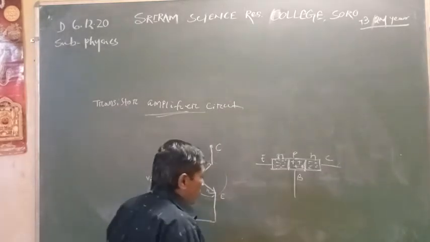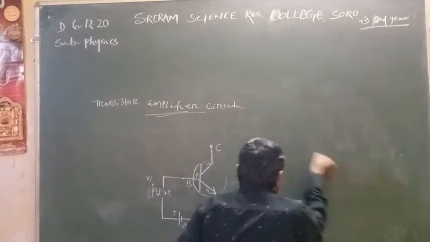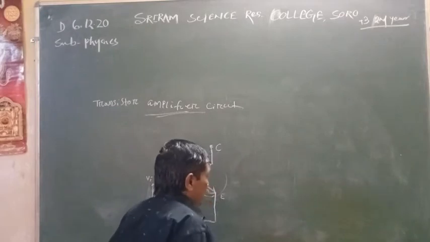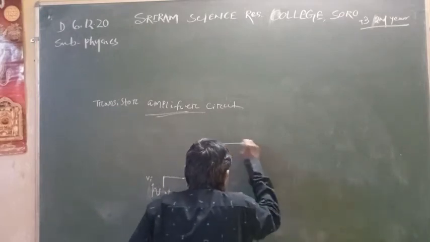Again we connect the output circuit on the outer side. This is the emitter and collector junction.